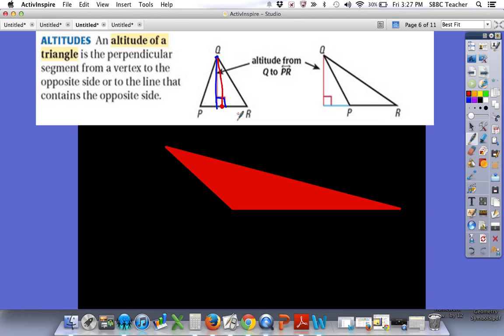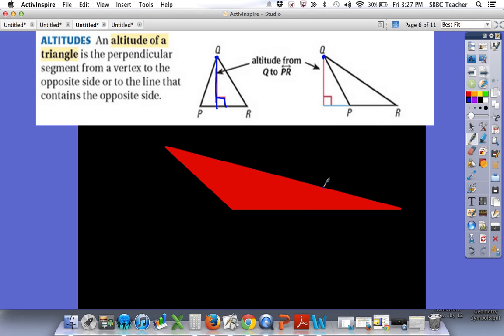So it's a little bit different, the median and the altitude. The altitude does not necessarily go to the midpoint. The median for sure goes to the midpoint. Okay, an altitude could be inside of a triangle or it could be outside of a triangle. In this case, if you draw a line straight from Q down, you're going to notice that line is actually outside of the triangle.